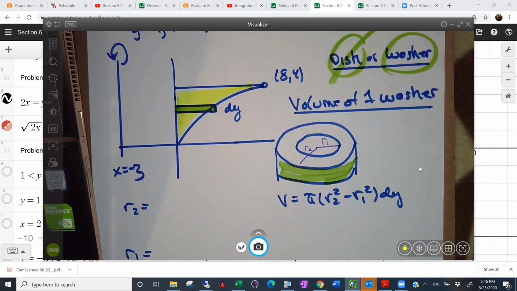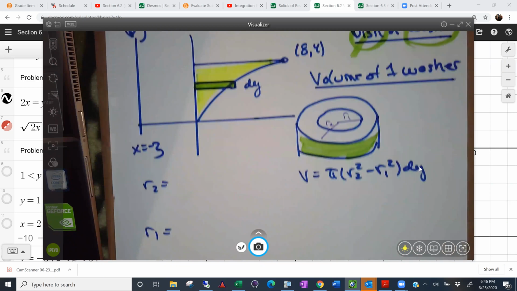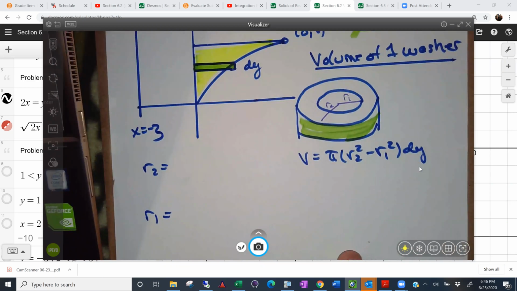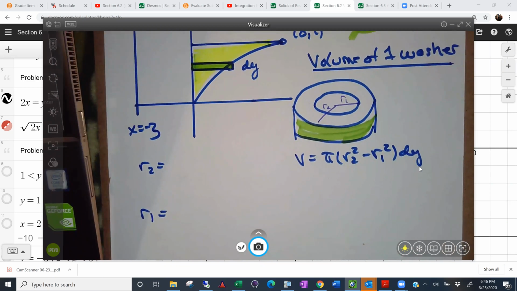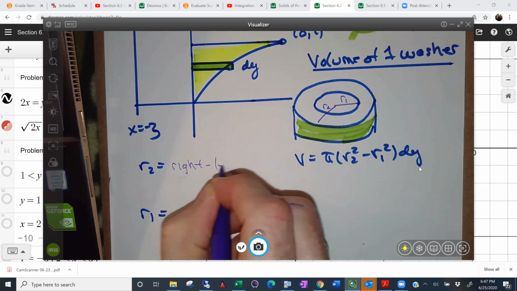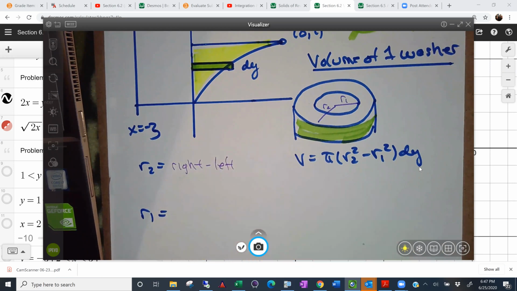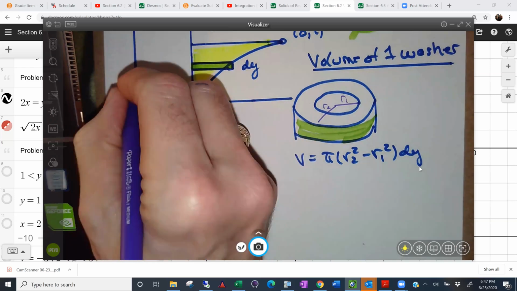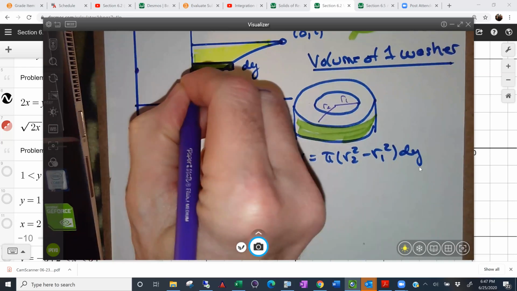Now because we're doing things in a dy slice, instead of top minus bottom, what do I gotta calculate? Right minus left. Perfect, right minus left. All right, so let's put a few points on everything.